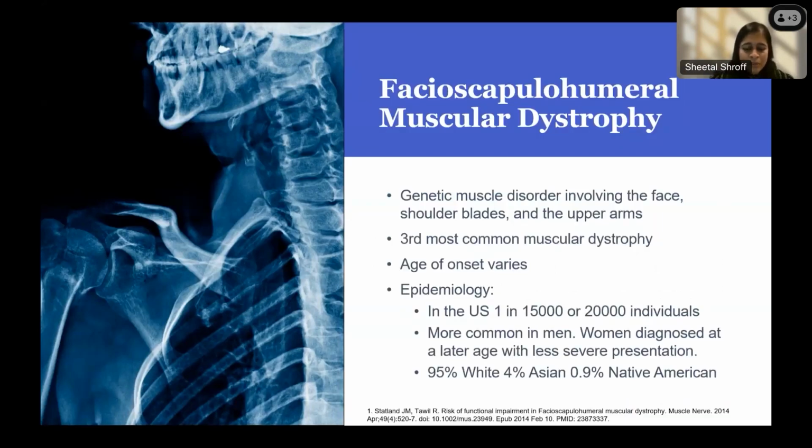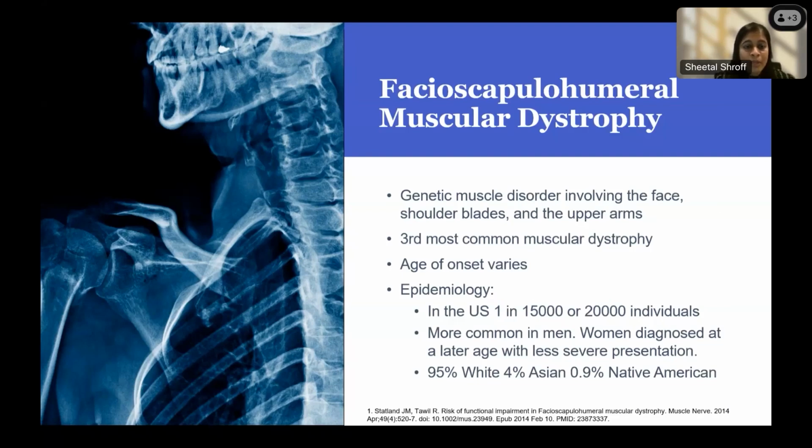Now, facioscapulohumeral dystrophy is an inherited genetic muscle condition. As the name suggests, it involves the muscles of the face, the shoulder blades, and the upper arm. It is the third most common muscular dystrophy, and the onset can vary. There is no particular age of onset. In the US, 1 in 15 to 20,000 individuals are affected.